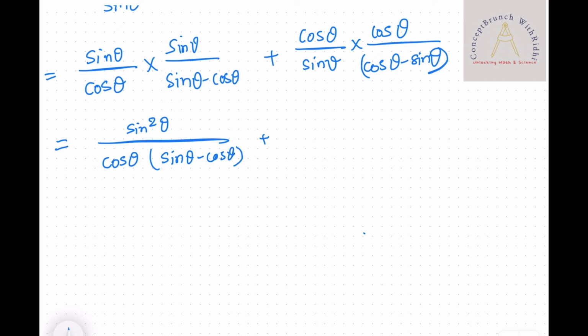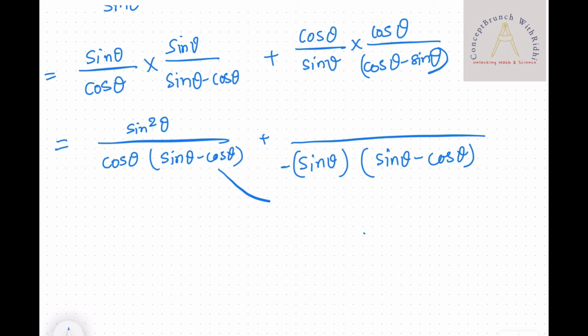Correct? Over this place, if you see here, this is cos theta minus sine theta, right? So it means this is not the correct way how it is, right? So for this, to make it the same, we'll take minus common here. So sine theta, take minus common, it will become sine theta minus cos theta, correct?